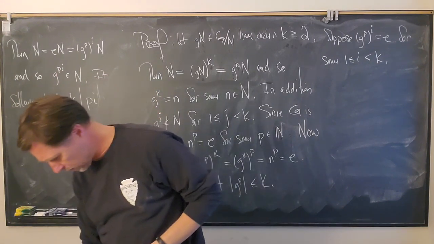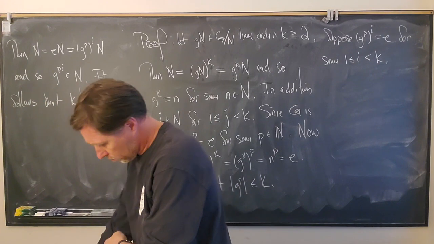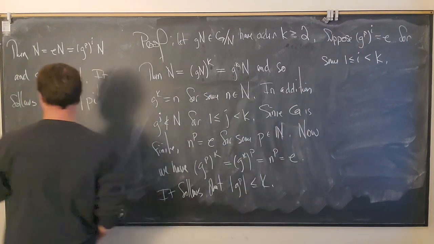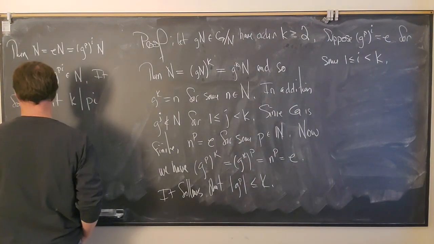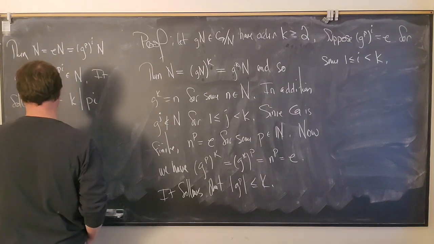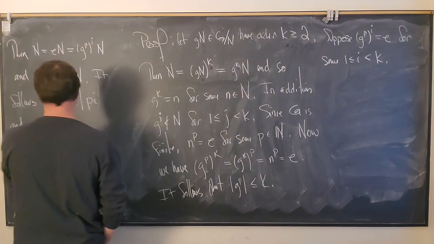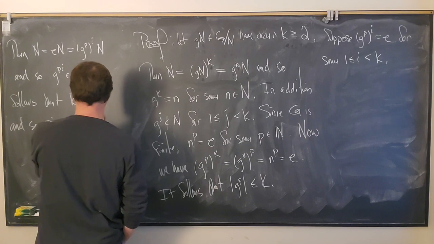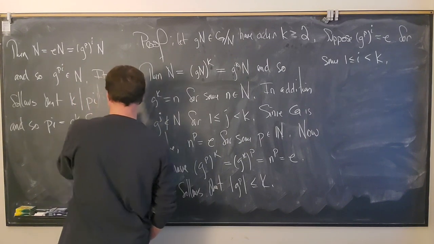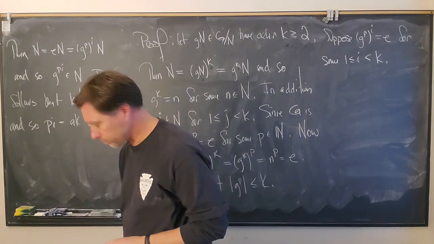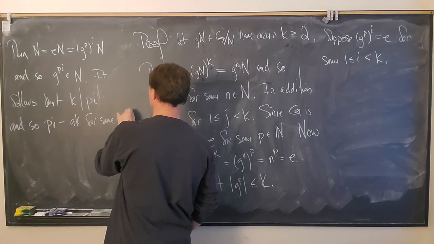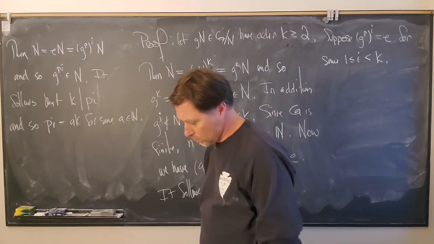Let me make sure that's what I want to say. Yep. And so p i is equal to a times k for some little a, some natural number here.